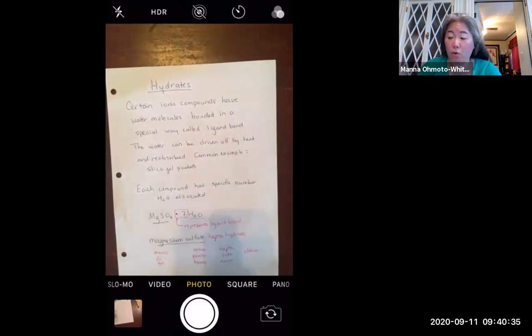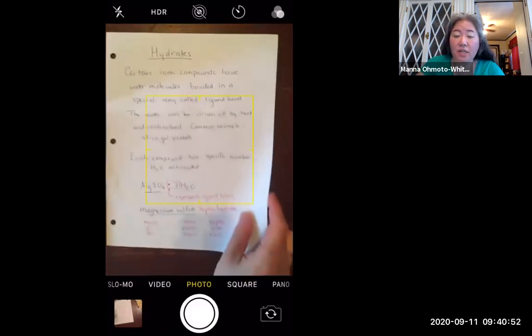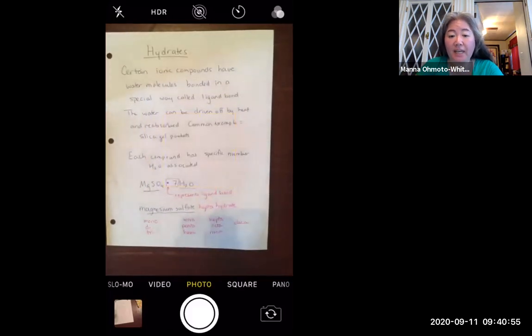If something gets humid or really wet inside the packet, the silica gel will hold on to the water, and the crackers won't lose their crunch or become stale. Each compound that becomes hydrated has a specific number of water molecules attached to it.